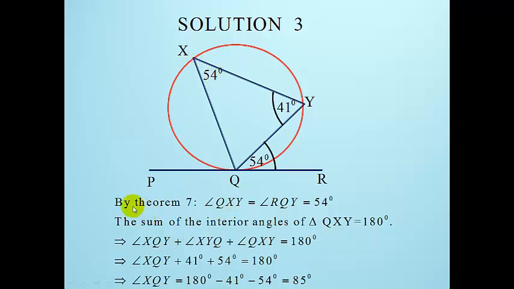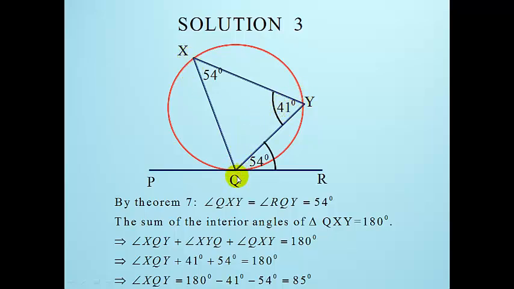Now, let's look at the solution itself. By Theorem 7, angle QXY is equal to angle RQY. It means that the angle at Q, 54, is equal to the angle at X, that is 54. Now, how do we find the angle at Q, that is XQY?